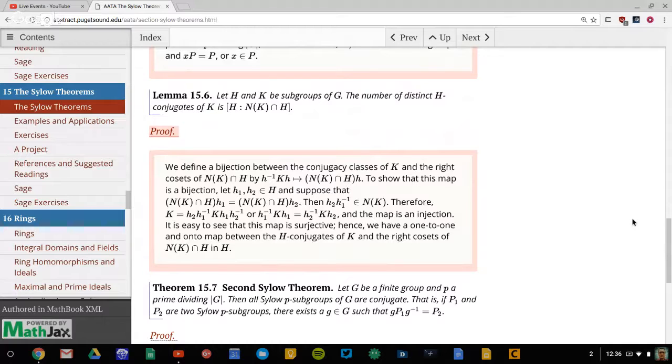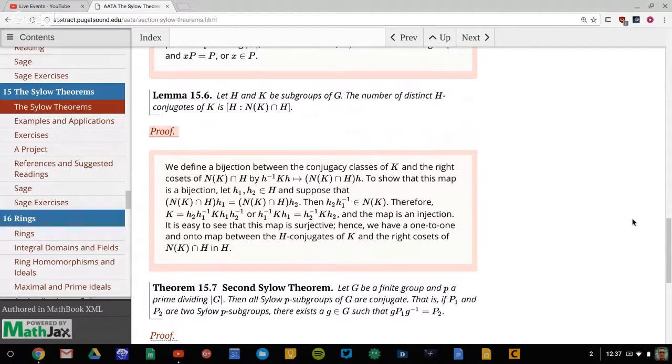This is equal to K, and then by simply moving the h2s over to the other side, which you do by multiplying on the left by h2 inverse and on the right by h2, it cancels the h2 and h2 inverse from either side. Puts it over here, h2 inverse on the left, h2 on the right. Then you've got that these are two conjugates of K that are equal. So that proves the map is injective.